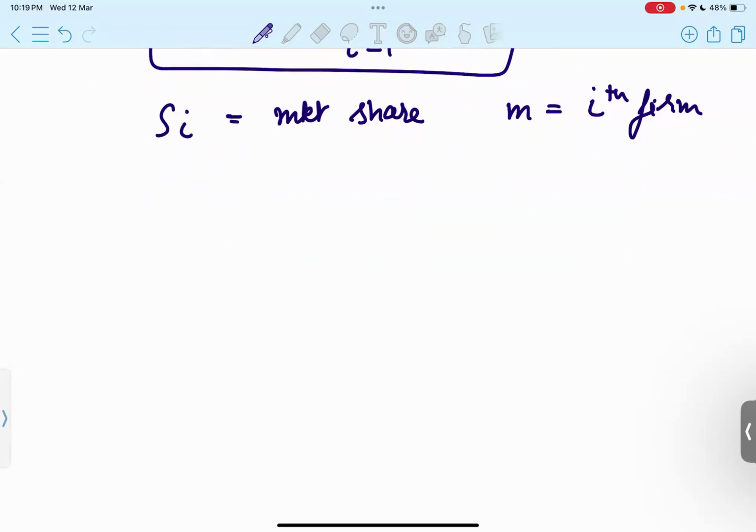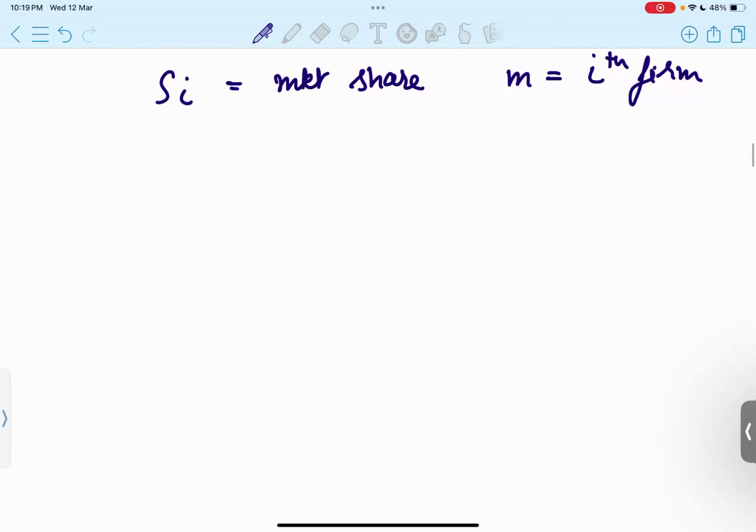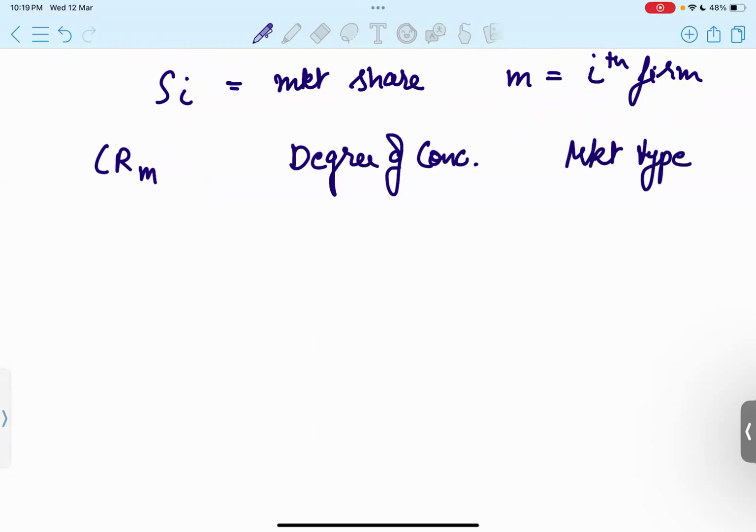It is important that the value of the concentration ratio tells us the degree of concentration. This is also giving us the nature of the market.